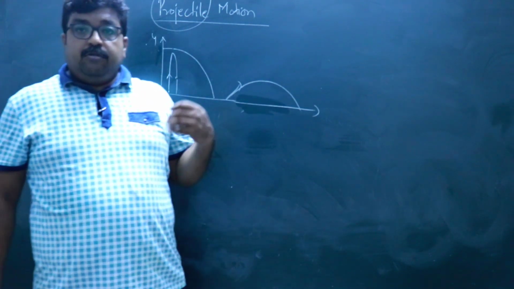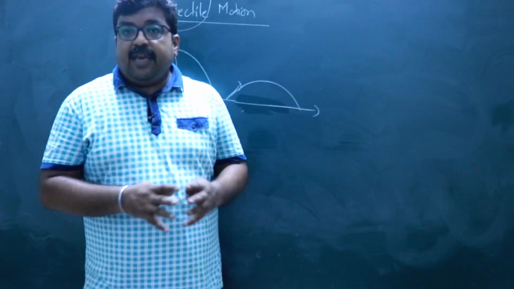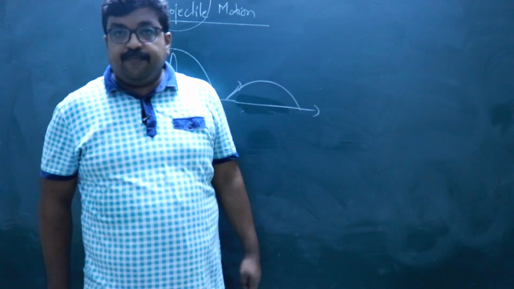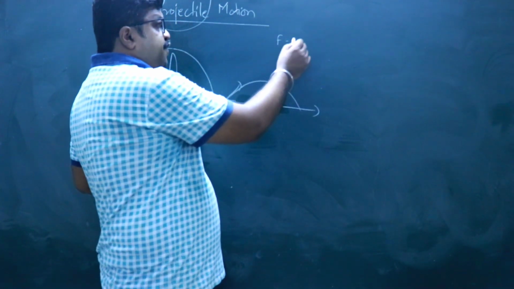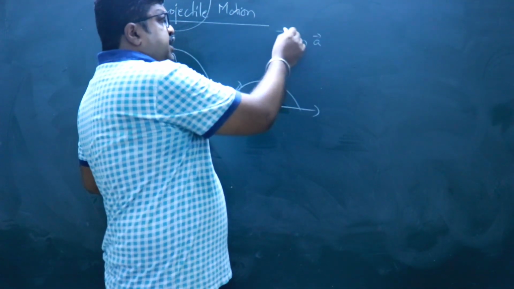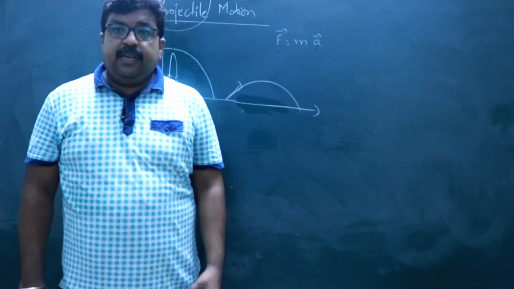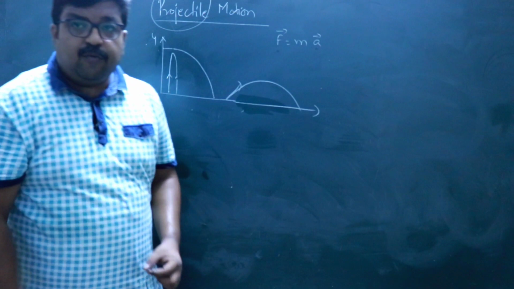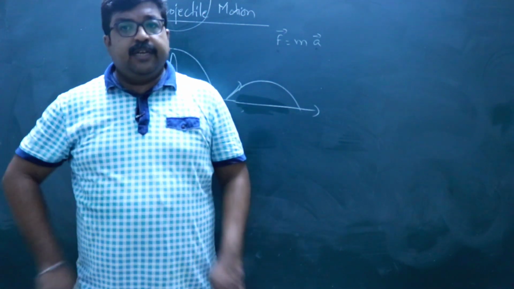Okay, now Newton gave the formula F equal to ma, that is the second law. Okay, now in this relation F is equal to ma, this force and acceleration are in the same direction. Okay, now gravitational force is acting in the downward direction, so that means acceleration will also be in the downward direction.